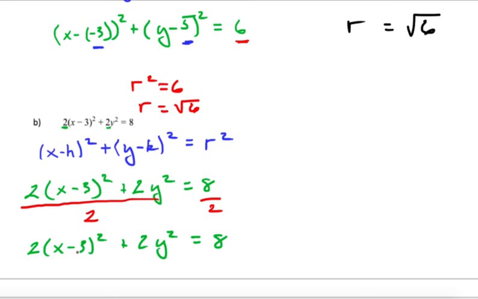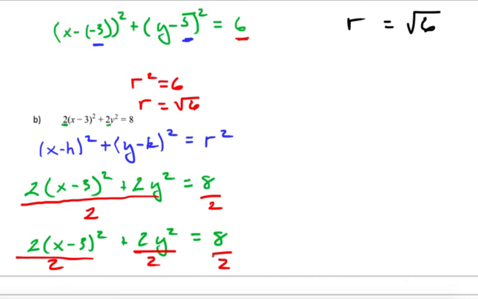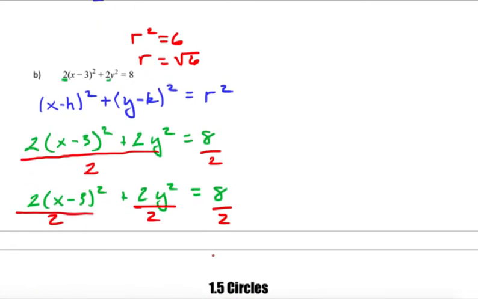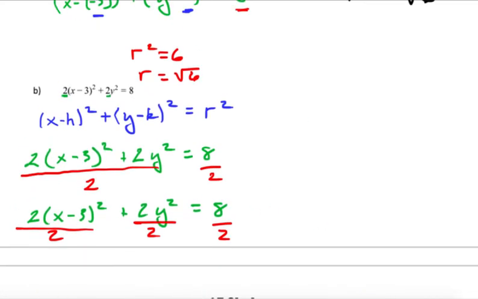That's the same thing as dividing each of these by 2. And now we can simplify that a bit. Our 2's are going to cancel there and cancel there. And so what we end up with is (x minus 3) squared plus y squared equals 4. Divided by 2 is 4.